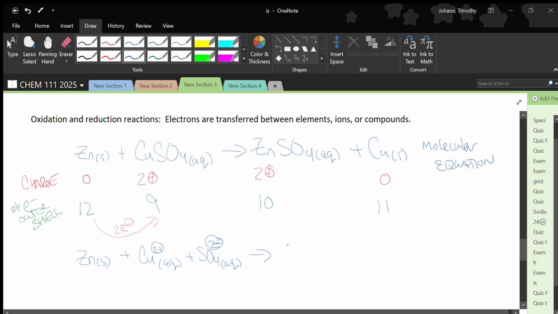And then over here I have zinc. Sulfate is aqueous, so I'm going to break that up. Plus sulfate aqueous. Plus copper solid.